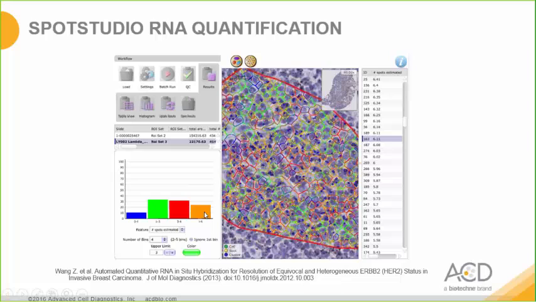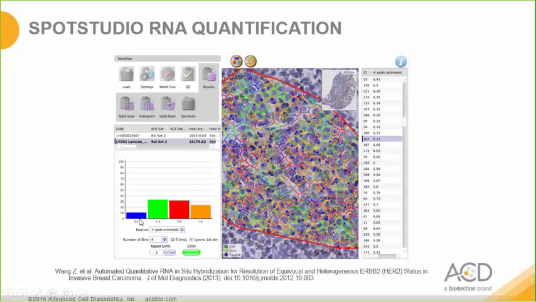The results of the analysis for this region of interest show that the majority of cells have at least 1 dot, with a little more than 30% of tumor cells containing 1 to 3 dots, and a little more than 30% of tumor cells containing 3 to 6 dots. Almost 25% of tumor cells have more than 6 dots, and about 10% have either 0 or 1 dot.